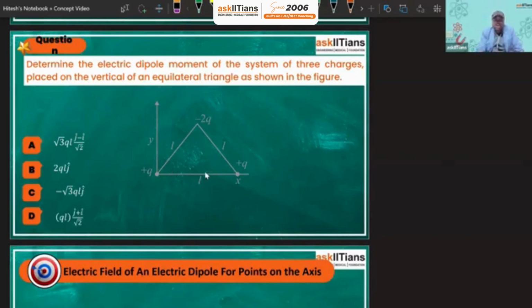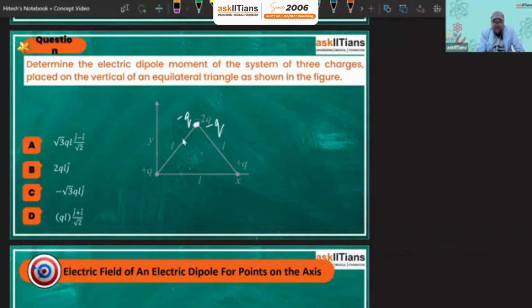So for solving this question, we can consider this as a combination of two electric dipoles. This -2q, I can write as -q and -q. So I can have this combination +q, -q, and another combination +q, -q, and one -q is here. You're getting it, at almost the same position.